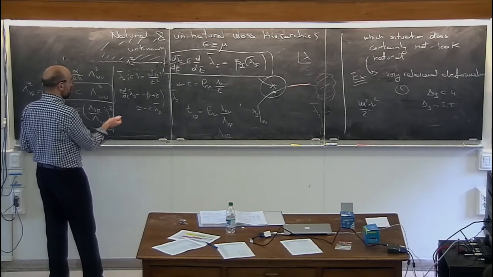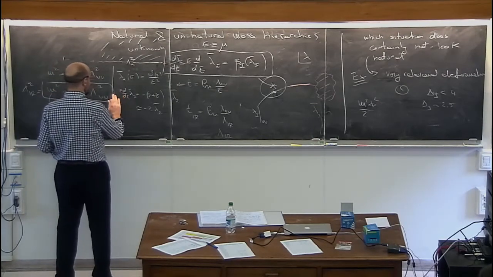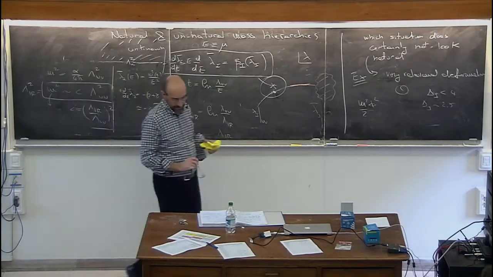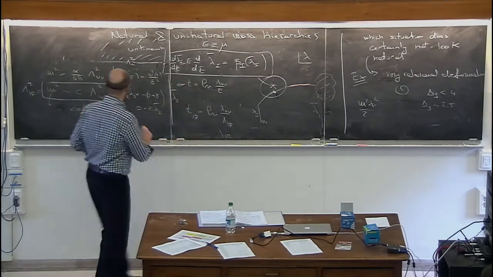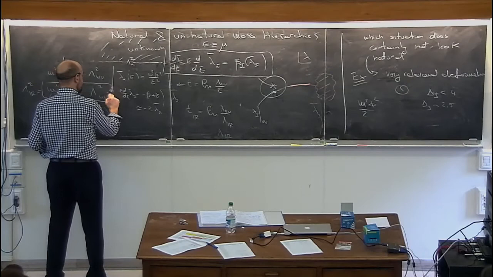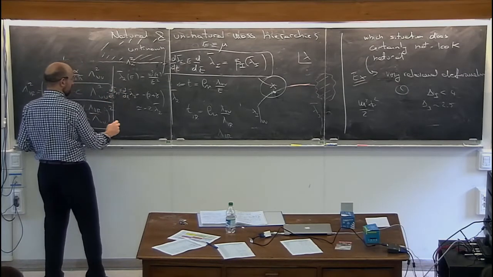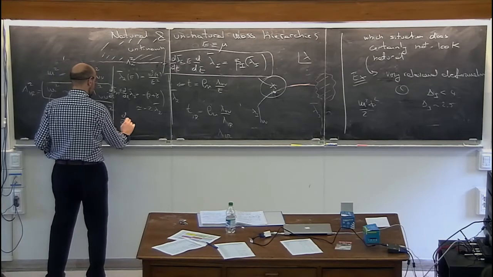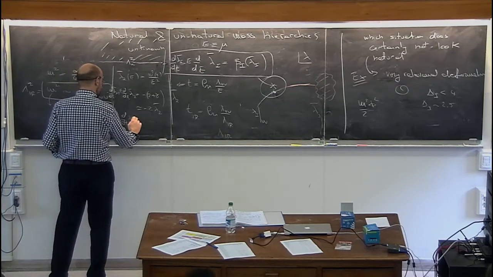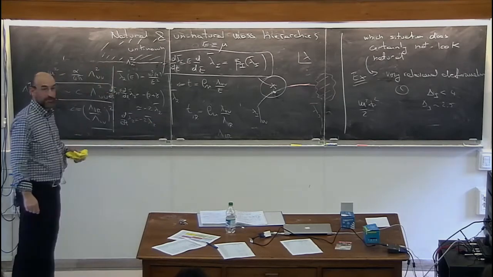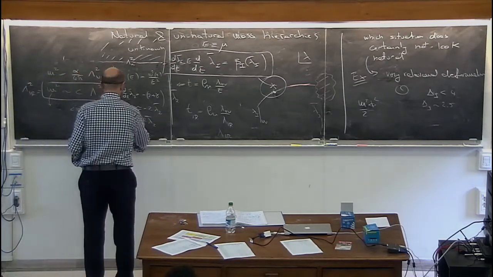Now you can solve this equation. This is d/dt, where t is the RG time, equal to minus d/dt of lambda 2 bar. I'm writing triviality, I'm aware of doing it, just to compare to what you had before.